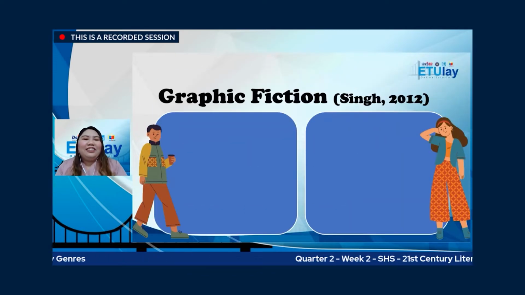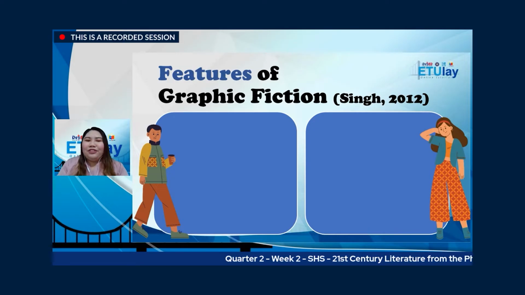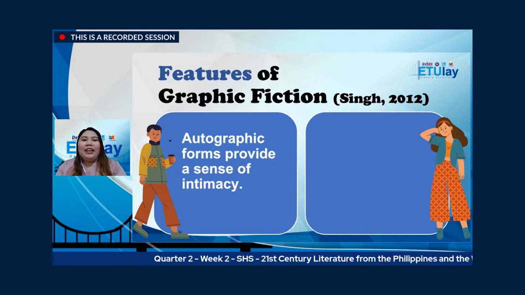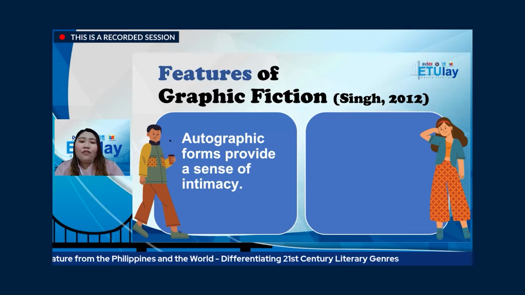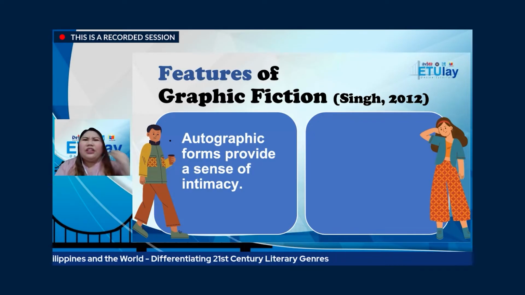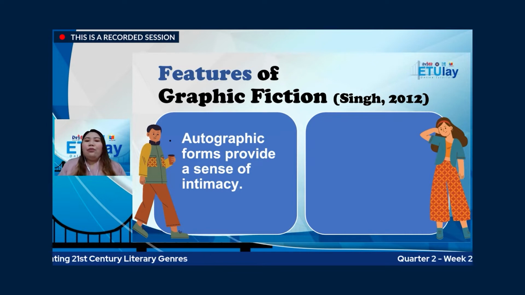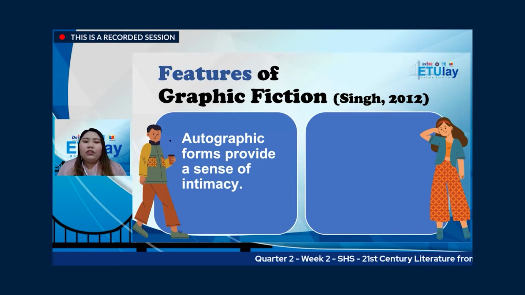So let's try to see what are the different features of graphic fiction. Let's begin with the first one. It has autographic forms, providing a sense of intimacy. So, what are these forms? These are the marks of the author's handwriting, which creates an impact to the entire manuscript or the entire graphic novel.